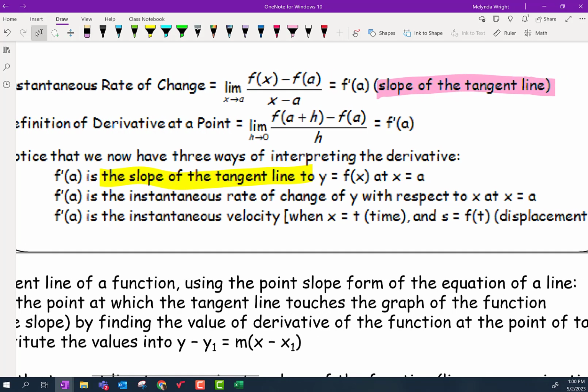We also use it to find the instantaneous rate of change. Instantaneous rate of change. That's the rate of change at a particular instance, at one particular time.